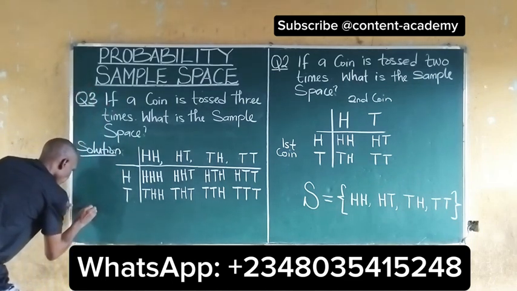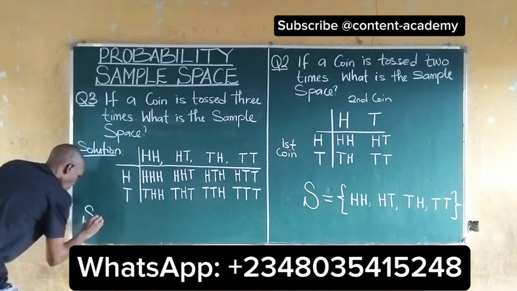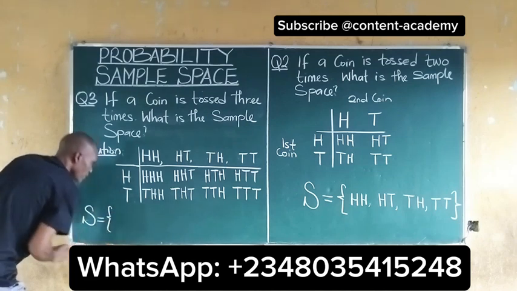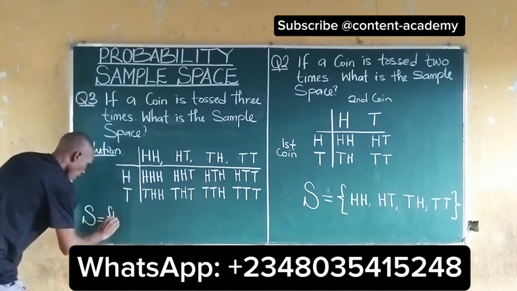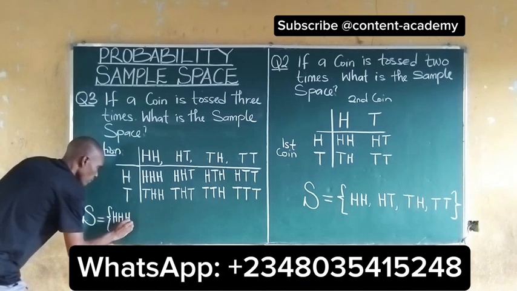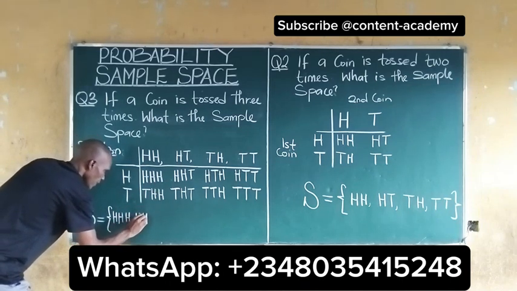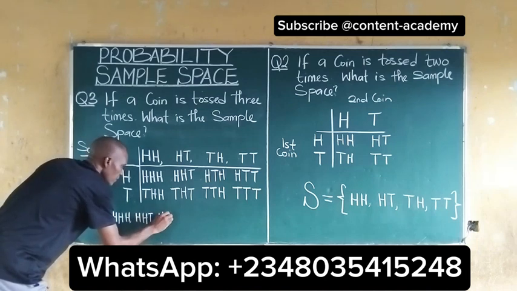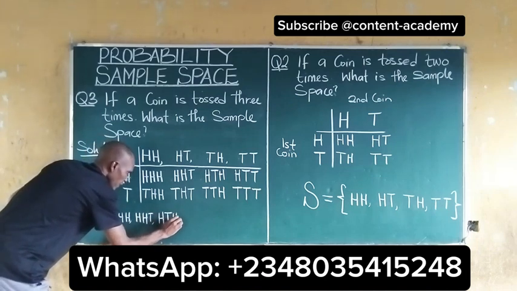Our sample space for a coin that is tossed 3 times will now be head, head, head, the first one. The second, head, head, tail. The third, head, tail, head.